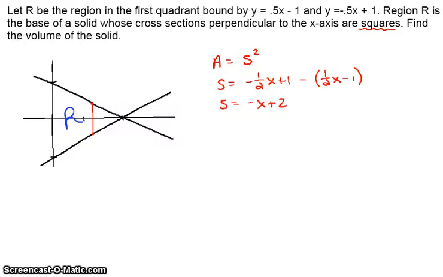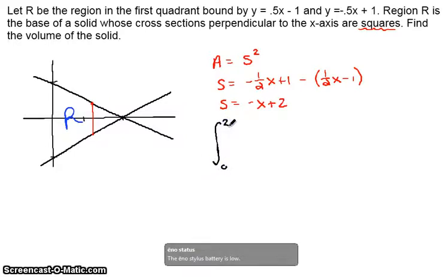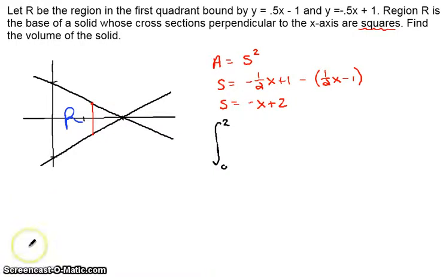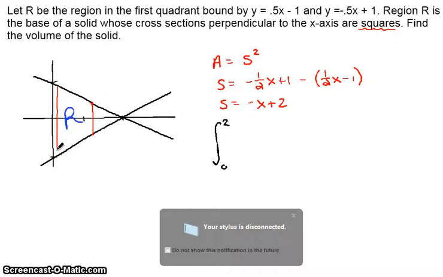So our integral to find our volume is going to be the integral from 0 to 2, because just like when we were building our volume, we're going to want to build them going this way.